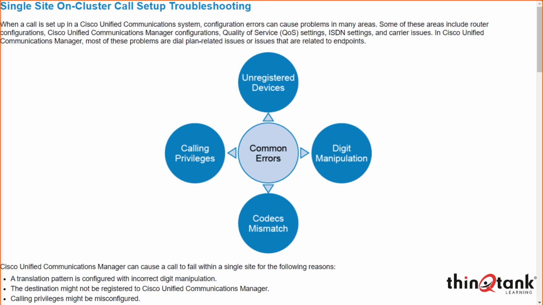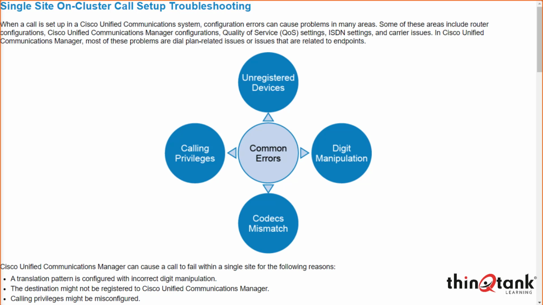Maybe calling privileges are not configured correctly. You're not in the right search space, or the right partition. Well, search space would really be for outbound dialing, defining what you're able to dial and so on.